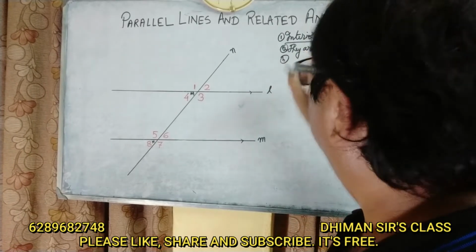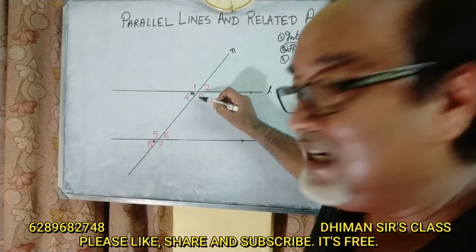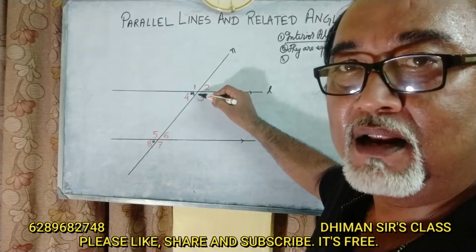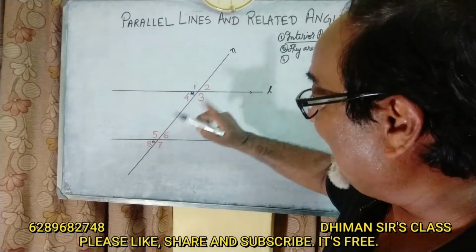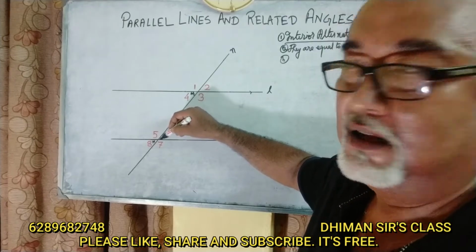Number B, if one angle contains one line of the parallel lines, then the other angle will contain the other line. Okay?